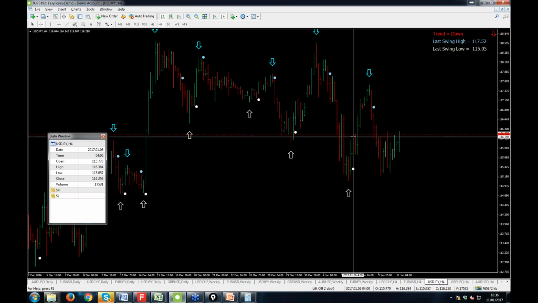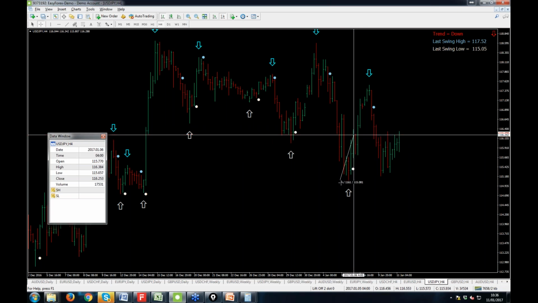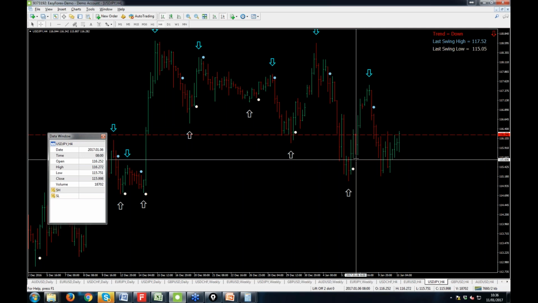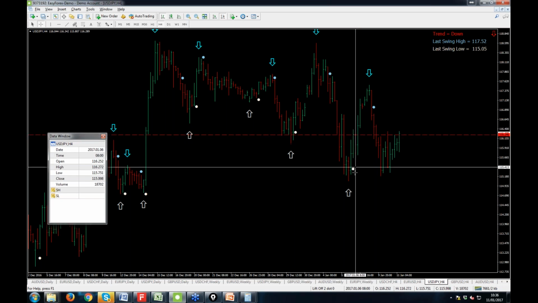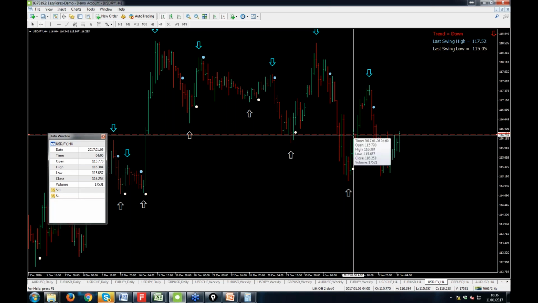This was the point at which we had a confirmation of our 4-hour swing low. You can see that's denoted by this white dot just here. Again, all part of the smart money indicators telling us that the 4-hour swing low is confirmed just there. As a result of the confirmation, we took the close of this particular bar, which was a 4 a.m. bar on the 6th of January, and we looked at the close of that.